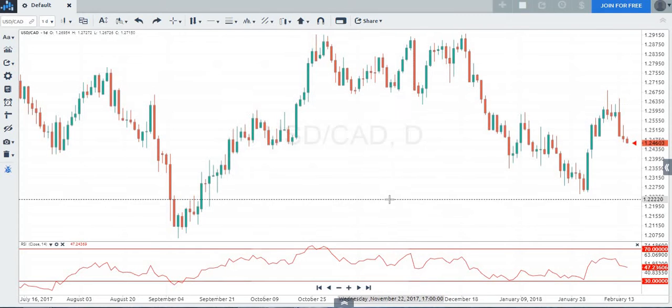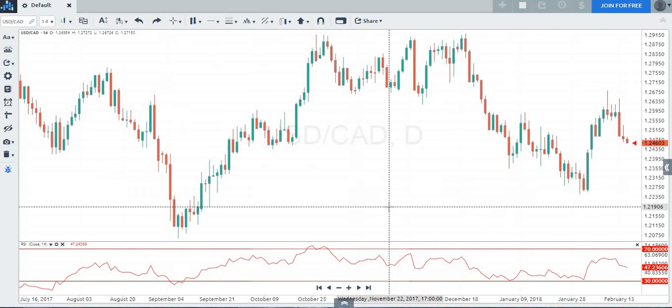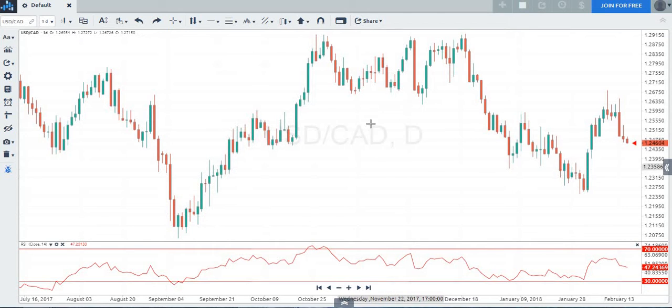This is where this indicator really pays off, because if you notice, this indicator is still making moves to the downside. This was the high where it went above 70, then it came back down again, right?